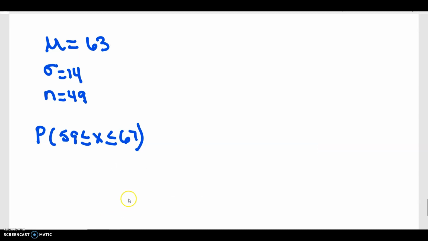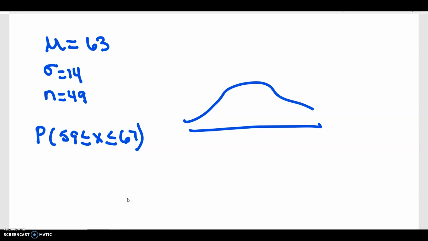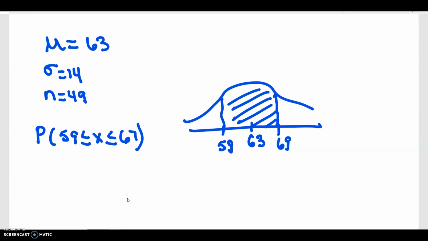So, we can sketch our distribution here. Whoa, that's terrible. In the center, we've got 63, which is our mean. We know 67 is going to be on this side. We know 59 is going to be on this side. So it's again one of these type of problems where the shaded area you're looking for is in here.